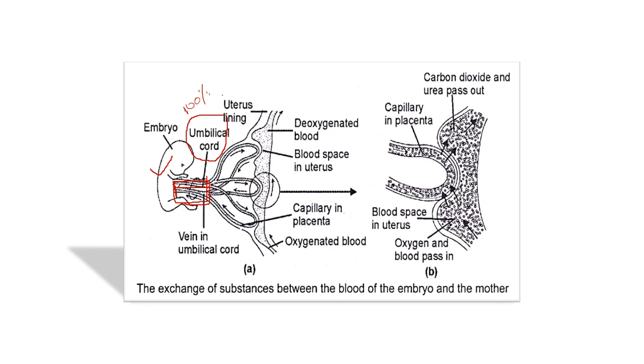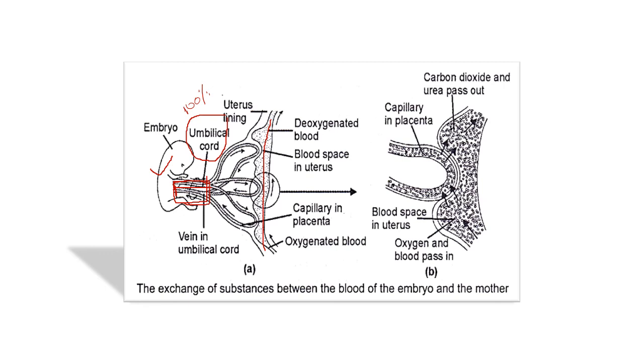Now the placenta connects with the uterine wall, the endometrium. When chorionic villi go deeper into the endometrium, the epithelium, connective tissue, and endothelial lining are damaged and the chorionic villi are bathed in the blood of the mother, or maternal blood, and exchange takes place through diffusion.